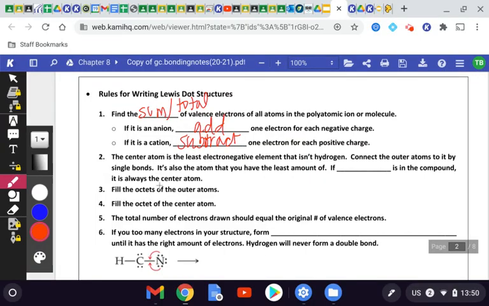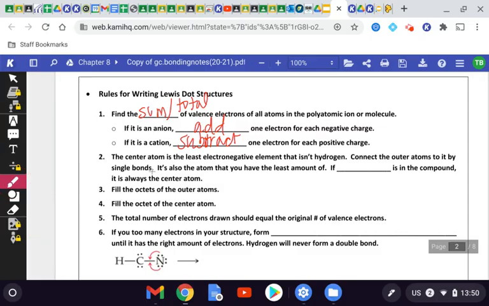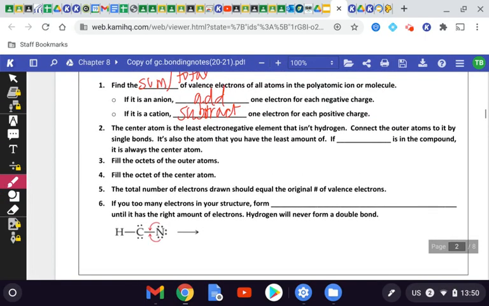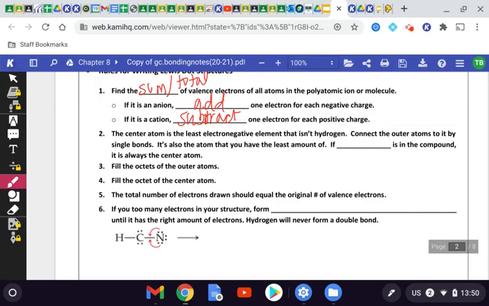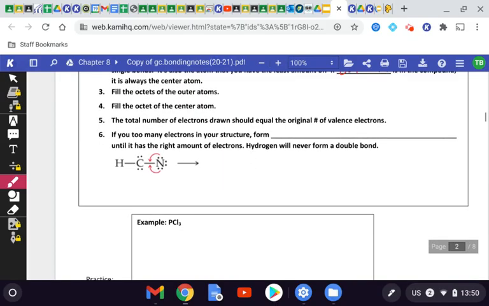The center atom is the least electronegative element that isn't hydrogen. We're going to connect the outer atoms to it by single bonds. It's also the atom that you have the least amount of. If carbon is in the compound, then it is always going to be your center atom.